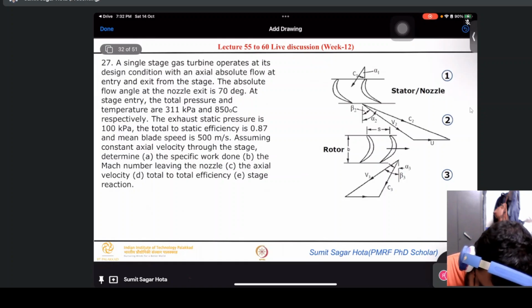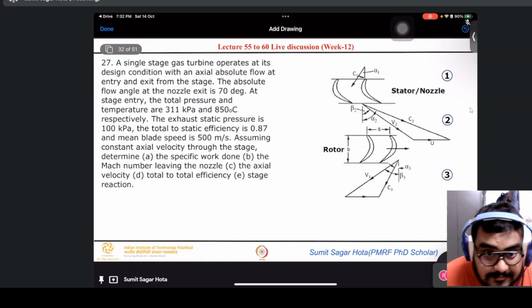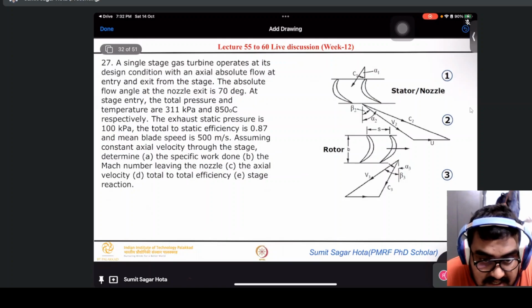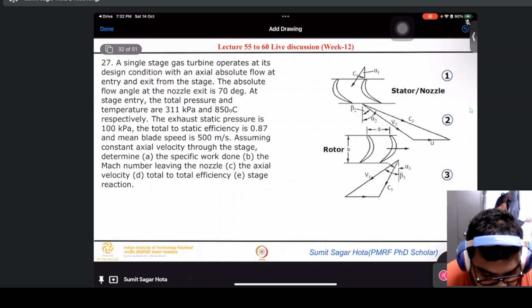At stage entry, the total pressure and temperature are 311 kilopascal and 850 Celsius respectively. Find the static pressure, static efficiency, mean axial velocity, Mach number, total efficiency and stage reaction.